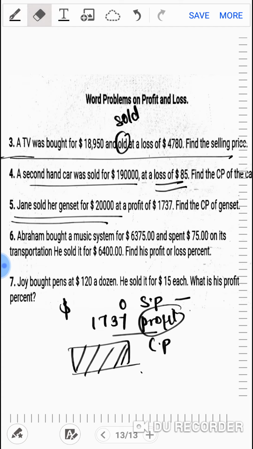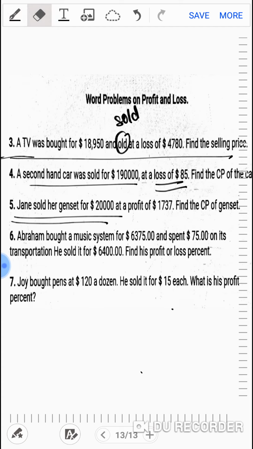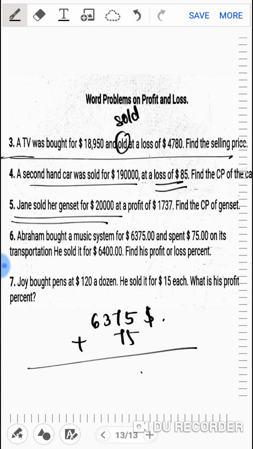Next you have Abraham bought an old music system for 6375 and spent 75 on its transportation. Bought means this is your CP. I'll read the question again.